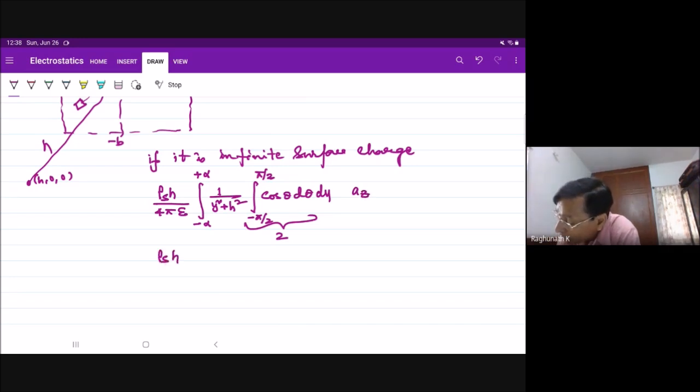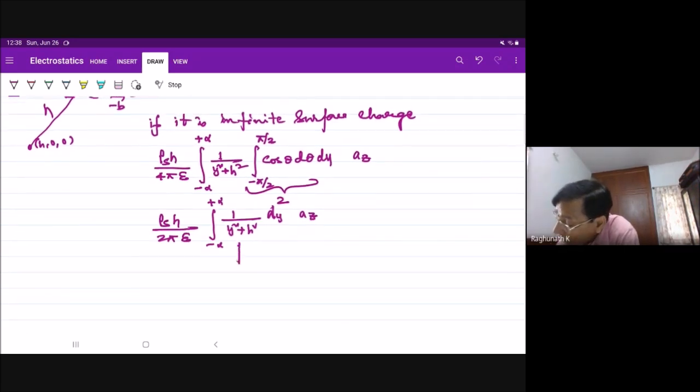Because of which it is again Az. Rho s h by 2 pi epsilon, integral minus infinity to plus infinity, 1 by y square plus h square dy, Az.